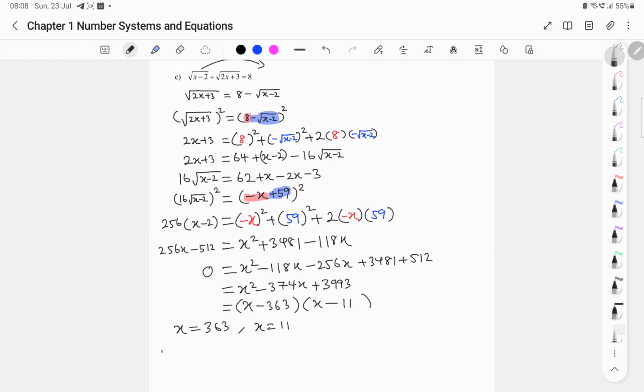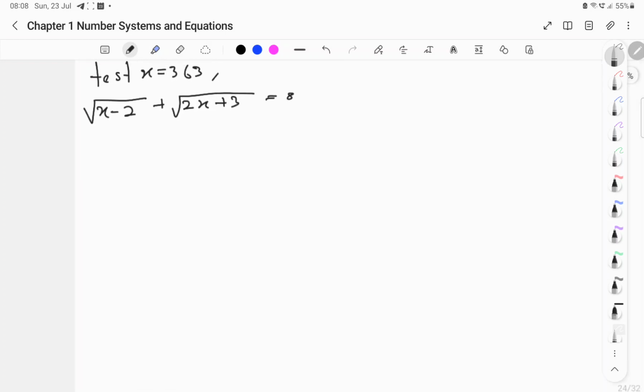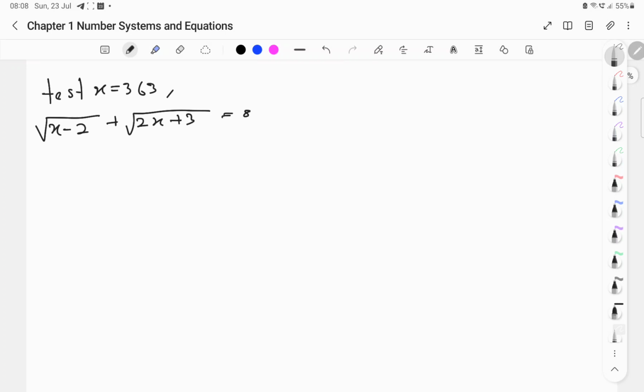Okay, so let's test for x equals 363. Square root of x minus 2 plus square root of 2x plus 3 equals 8. Okay, I'm going to copy paste this one.